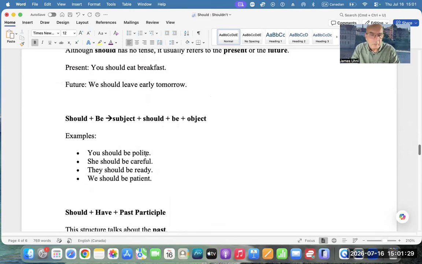Here it is: polite, careful, ready, patient. Now, can the object be a verb? Yes, it can. So it's all up to you.